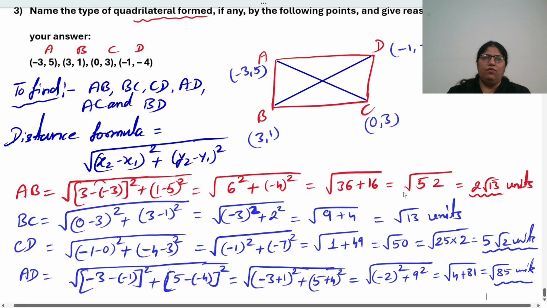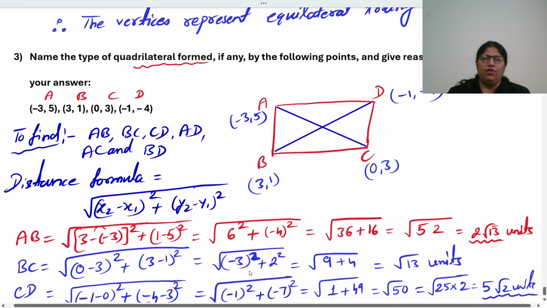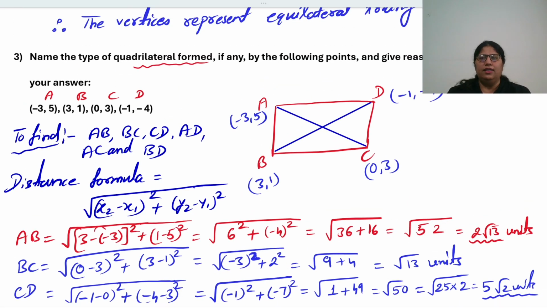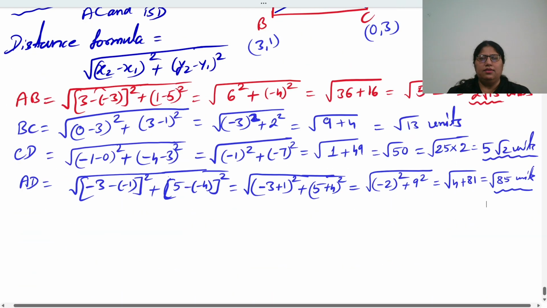Now after that, what is the length we need to calculate here? We need to find out the length of the diagonals, right? Let us take the length of the diagonals, which are AC and BD.